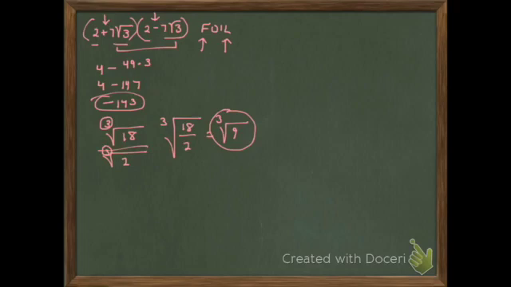Let's talk about how we would solve equations. Now, you tended to be good at this. Let's see. Isolate your square root. So that means I'll take this to the other side by subtracting.